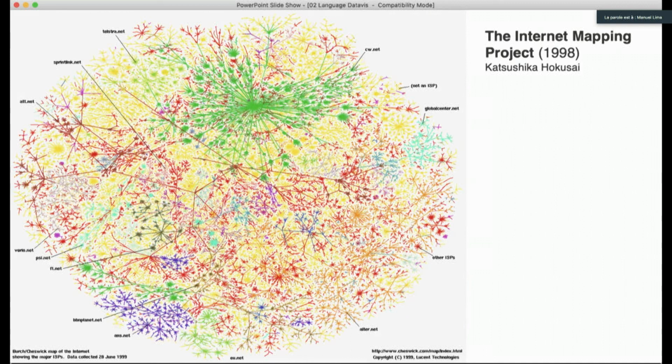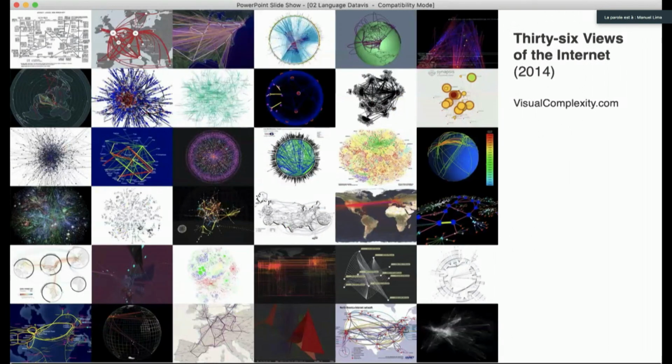And this is, of course, one interesting map. This was actually called the Internet Mapping Project, in the last century, 1998. But of course, when you look at this, you have to take it with a grain of salt. It's not the map of the internet. It's one possible map of the internet, because there are endless ways you can look at the internet, of course.